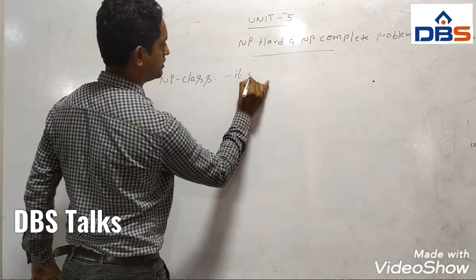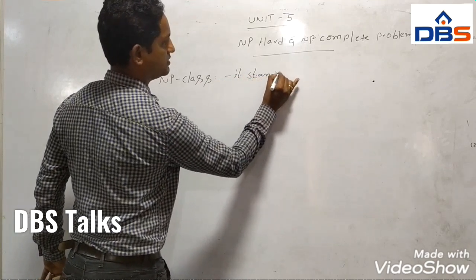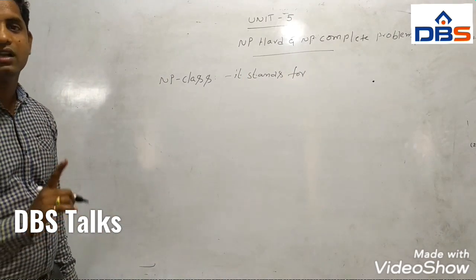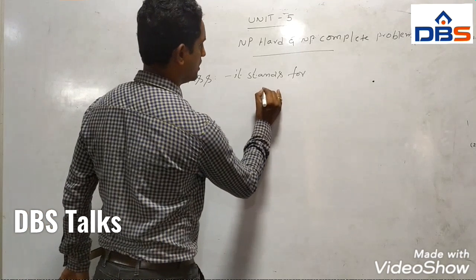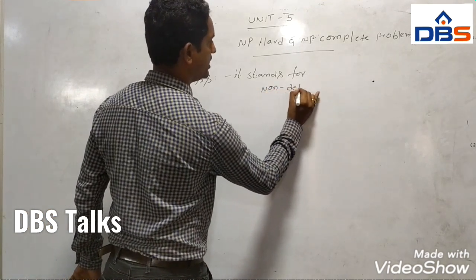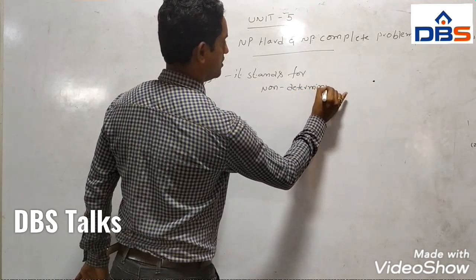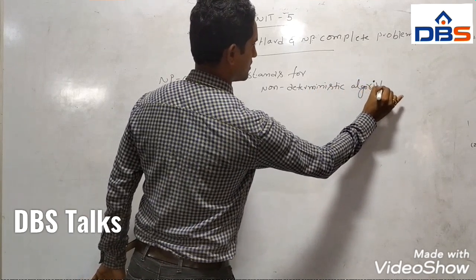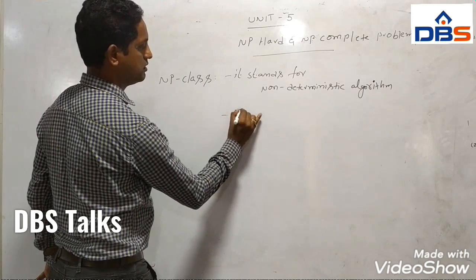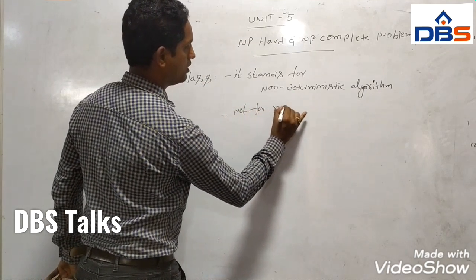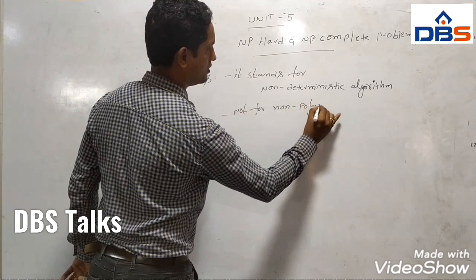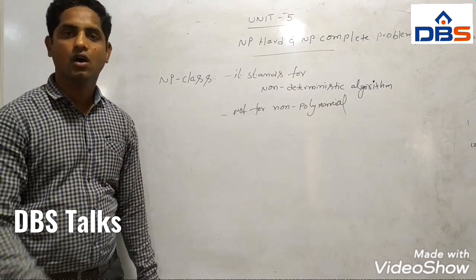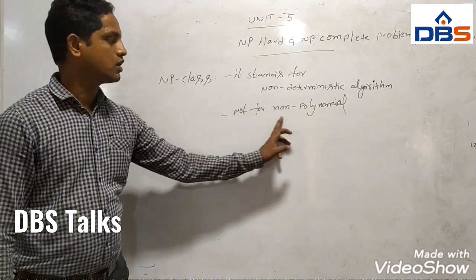It stands for non-deterministic algorithm, not for non-polynomial. So NP stands for non-deterministic algorithm, not for non-polynomial.